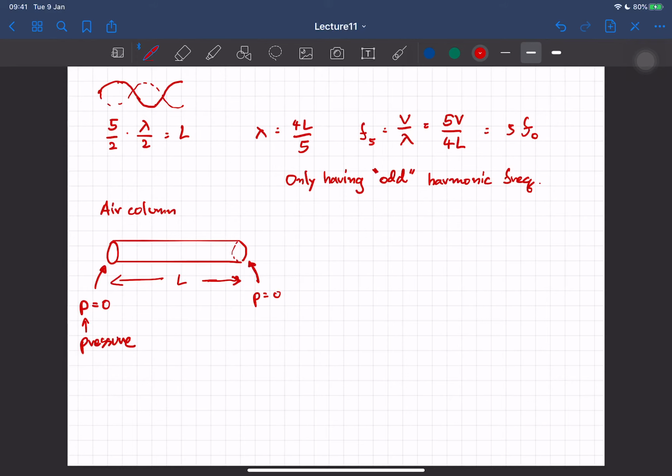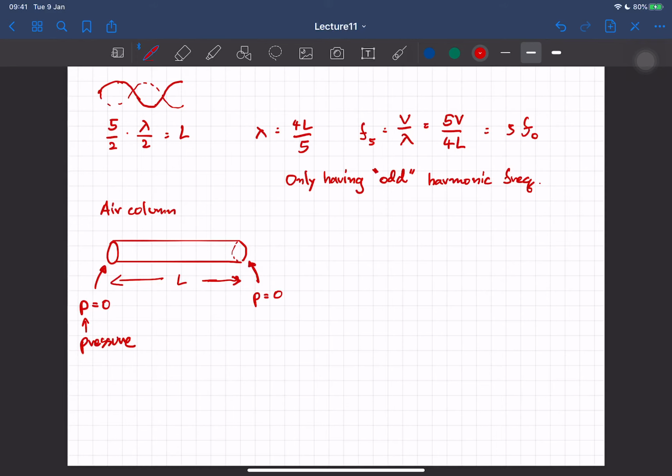Again, this is because at the end of the tube, the air in the tube is in full contact with the air outside, so the pressure has to be equal to the pressure of the air outside, which we assume to be 0. If you remember from our first semester of physics, there's the term gauge pressure and absolute pressure, right?